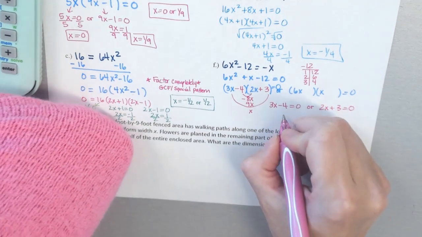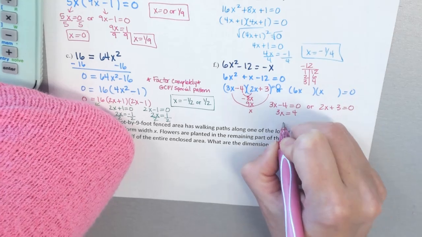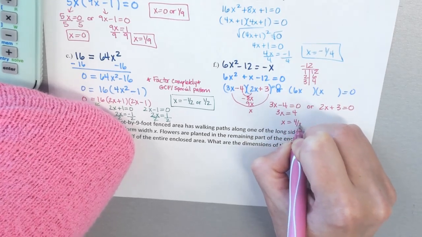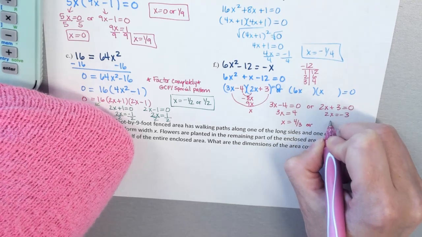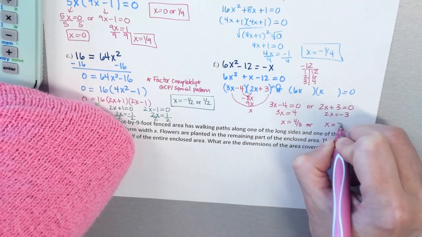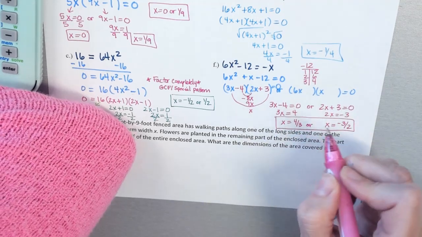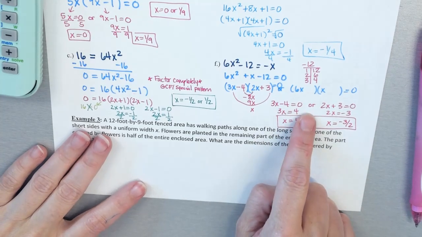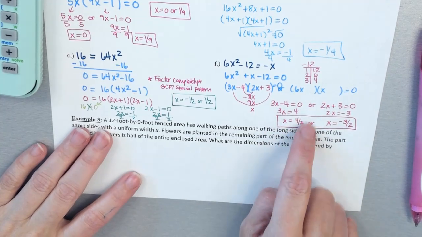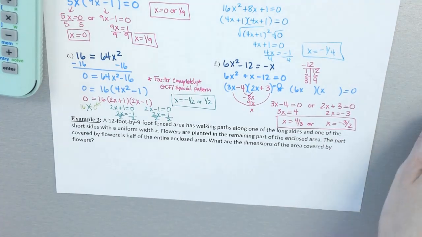Okay, and from there you can add 4 and then you divide by 3. So x is going to be 4/3, or you subtract 3 from both sides, divide by 2. x is -3/2. Okay, you need to make sure that you are showing this step. The only reason this works is because of your zero product property, so that's what we want to see there.